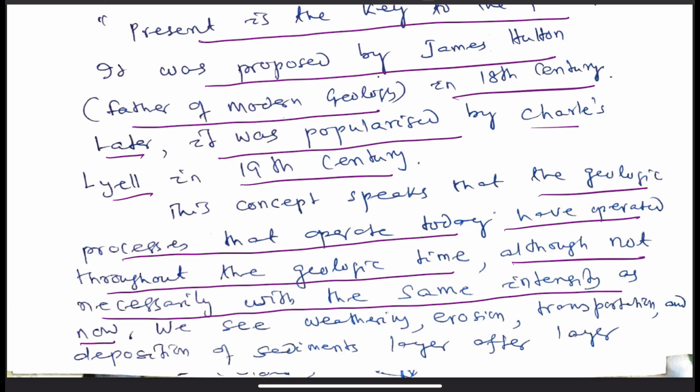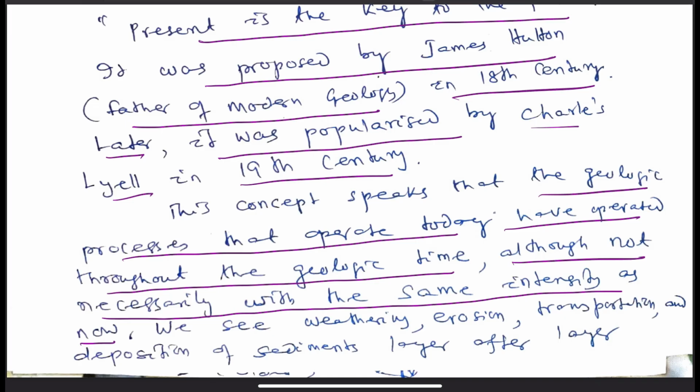We see the operation of exogenous agencies on the surface of the earth and their role in building and molding our surface features. We see rivers that are causing erosion and deposition of sediments in the basins.